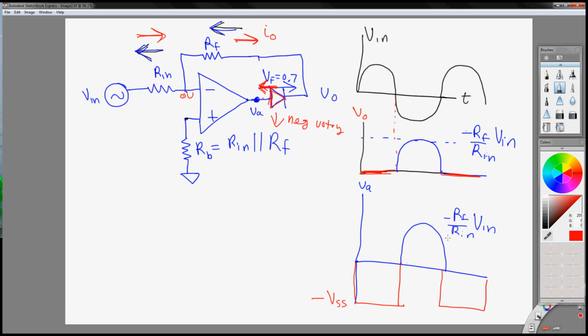But what did I forget? VA has to be 0.7 volts higher than the output, because of the forward bias diode here.